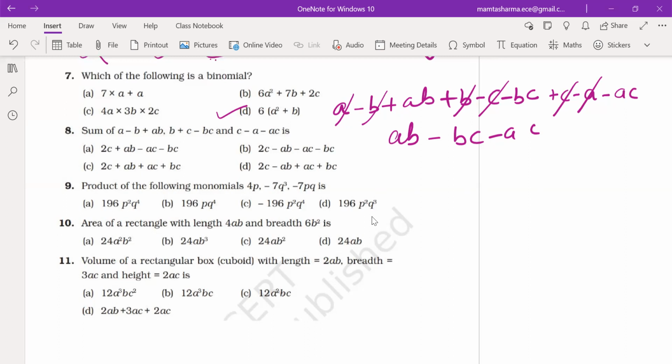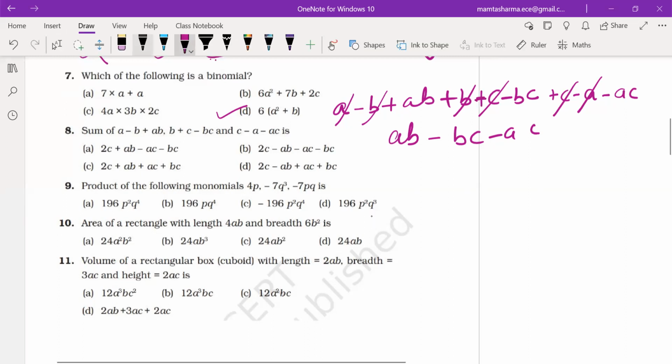So Tanvi, what is the answer? What happened? Ma'am, we did something wrong, because we should get 2C plus AB minus... B plus C. This is B plus C. So C will not get cancelled out. C will be added. C and C will become 2C.